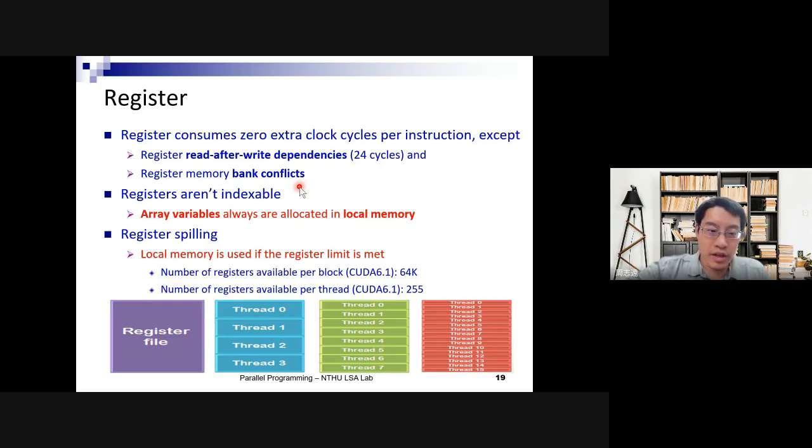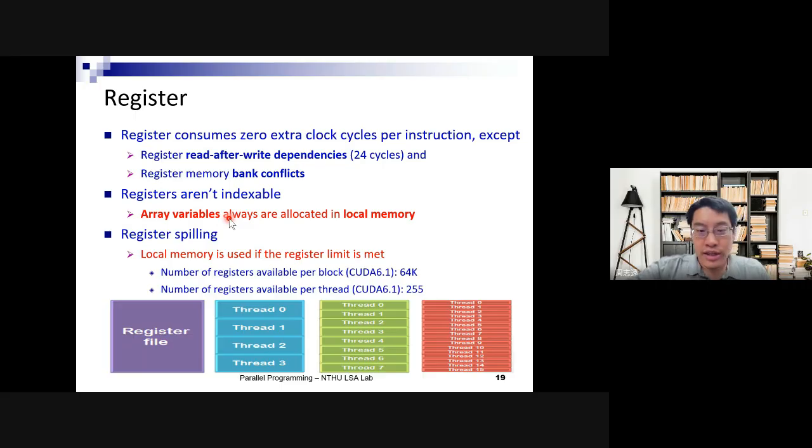Okay, and another limitation for the register is it cannot be indexed. So that means it cannot handle array variables. So if you declare an array in the kernel function, then that variable will not be stored on register, no matter whether you have enough register space or not, because registers are not indexable.